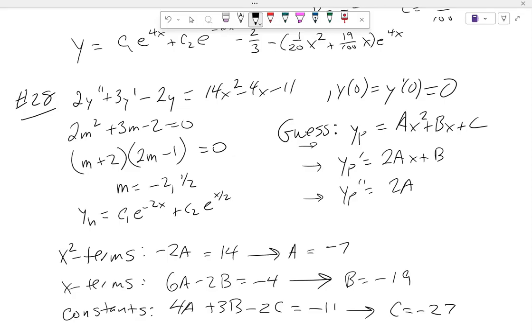Are we okay with where the equations came from? Any questions on where those equations came from at all? Okay.